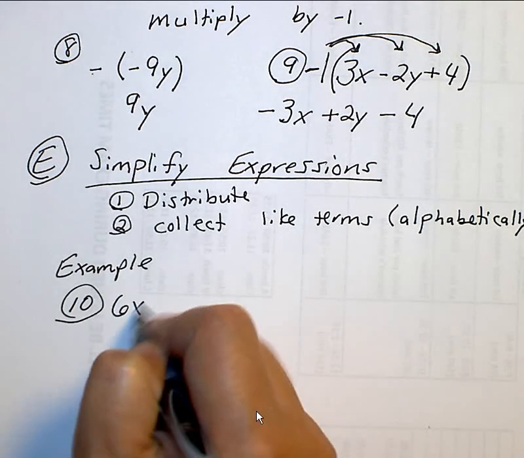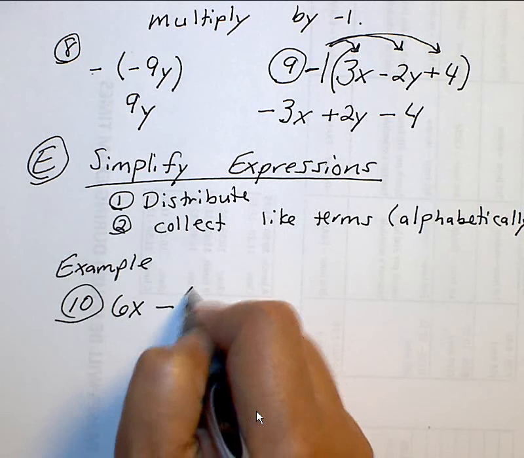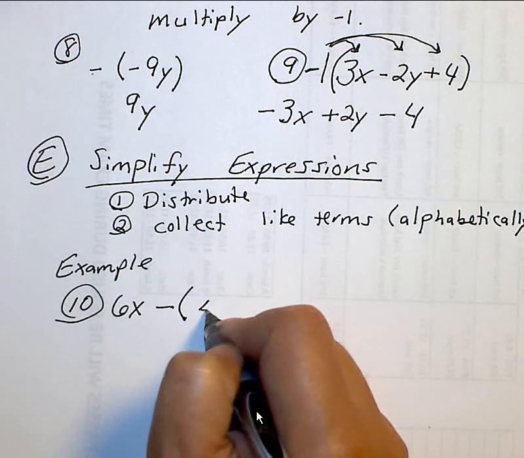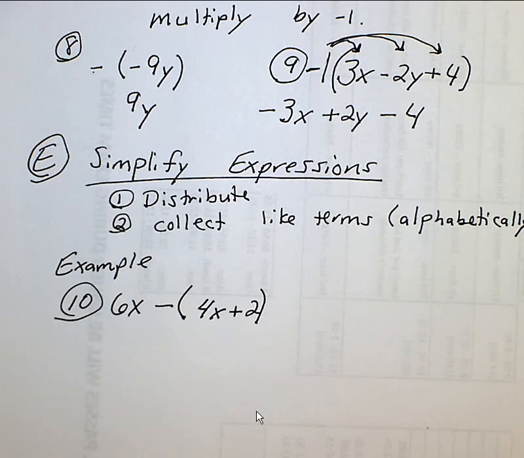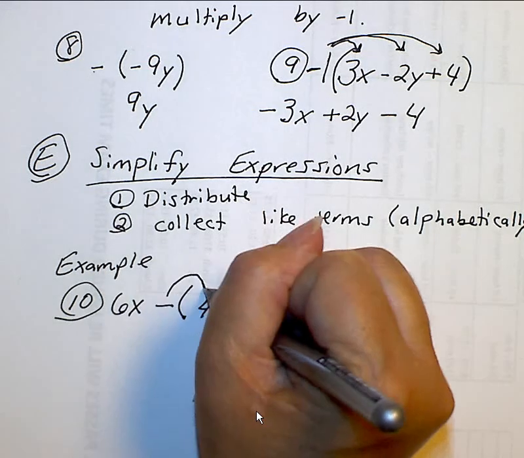6x minus the quantity, so you have a parenthesis, 4x plus 2. So what's my first step? I have to distribute the negative 1. Yep, so I have to distribute that negative.